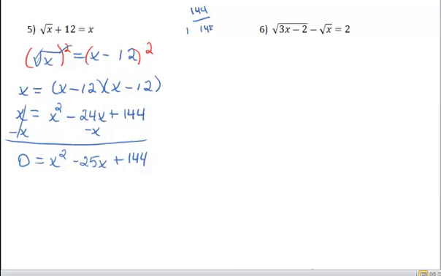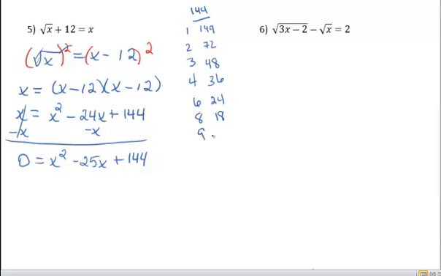1 times 144, 2 times 72, 3 times 48, 4 times 36, 5 doesn't work. 6 times 24, if you add those you get 30, that's getting closer. Then we have 8 times 18, that doesn't work.